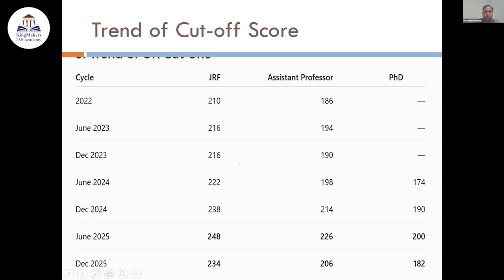So if you see, the range has drastically increased, from 210 to 234. Earlier, there used to be a difference of only plus or minus 5.